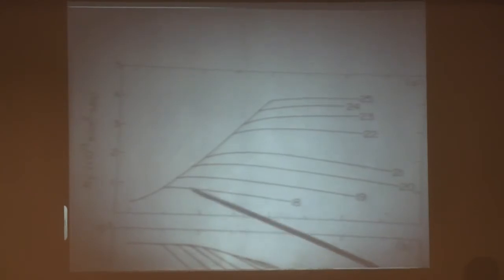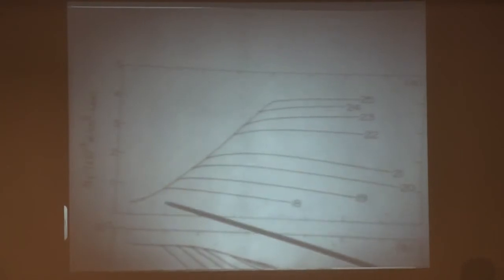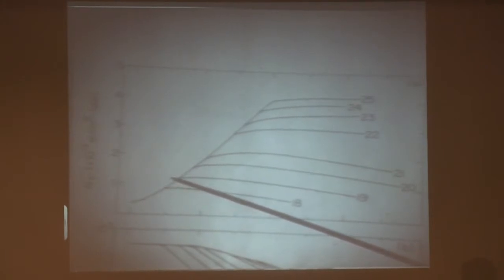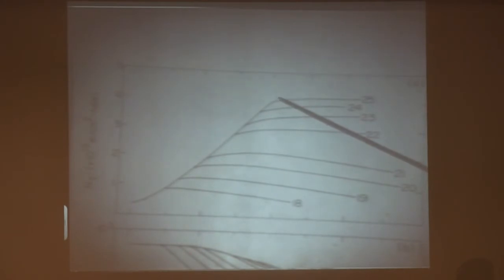And notice that this demarcation line is at L equals 2.5 after 1 day of recovery, and it moves out to L equals 4 after 8 days of recovery. So it is a very slow process, and 8 days is a pretty long time in the life of the magnetosphere.